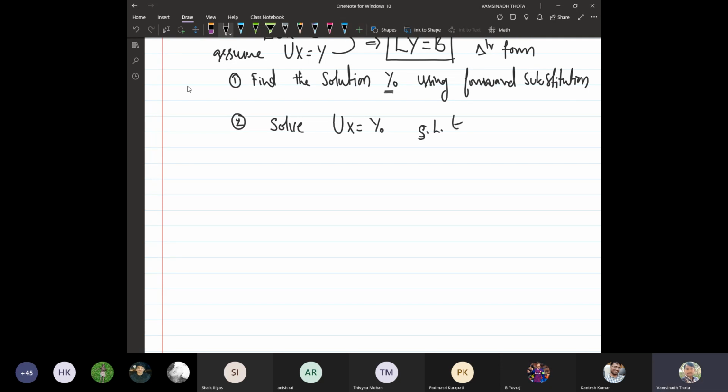Now this is also a system of linear equations with the coefficient matrix as upper triangular. So again, since it is a system of linear equations in a triangular form, finding the solution is easy. We can find the solution x naught for the time being, since the coefficient matrix is an upper triangular matrix, using the backward substitution method.